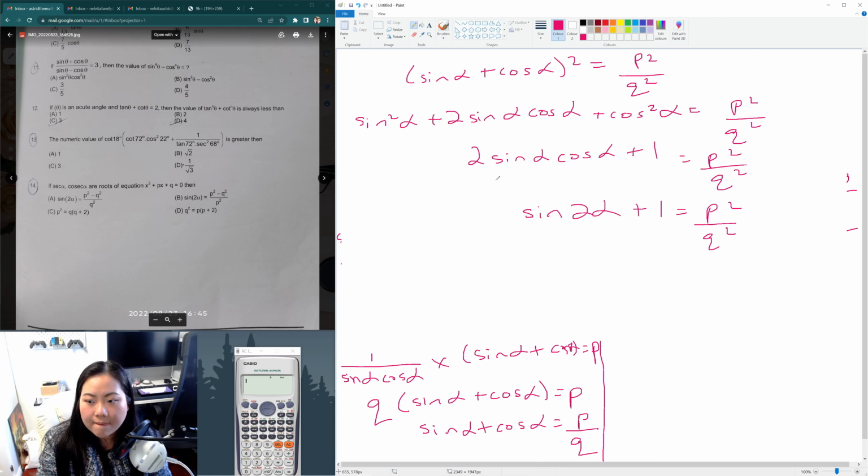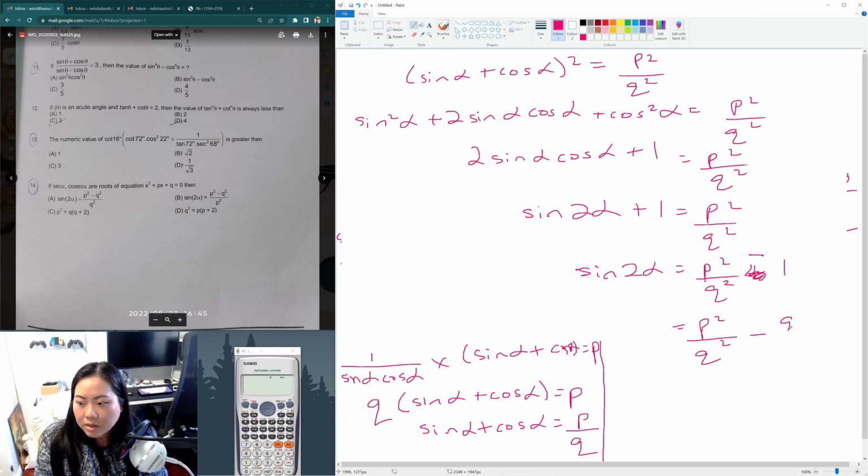I'm going to minus 1 to both sides, so I have the sine 2 alpha alone on this side. Sine 2 alpha is equal to p squared on q squared minus 1, sorry. And we can rewrite 1 as q squared on q squared.